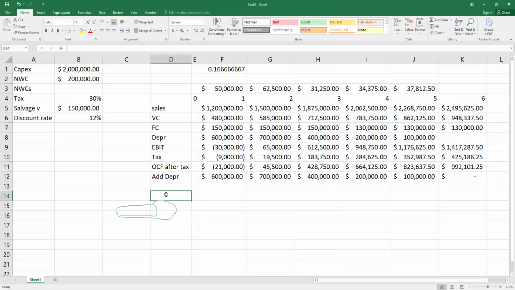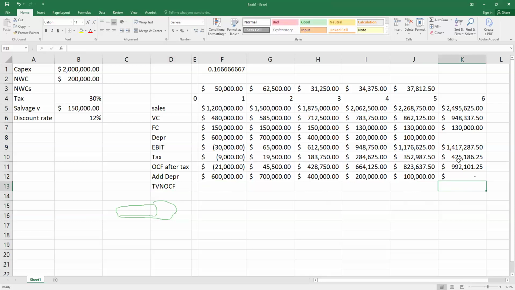Okay. Then I'm going to put here terminal value of non-operational cash flow. It's non-operational because you're going to sell your equipment or your investment. It comes from the non-operational side. And we can see from here, we don't have any remaining book value.